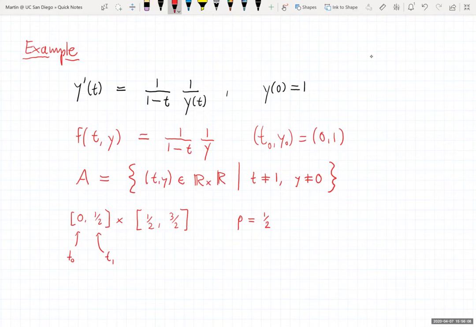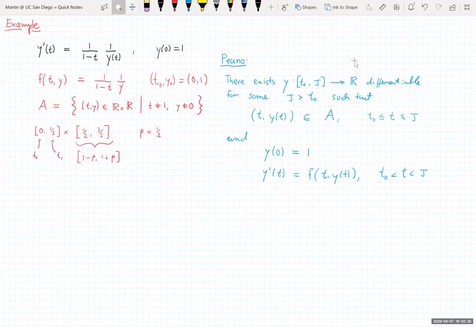And I move the number y between 1/2 and 3/2. And for this set of parameters, I will still stay in the set A.